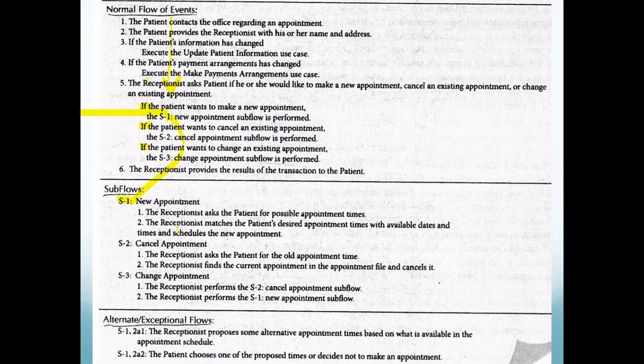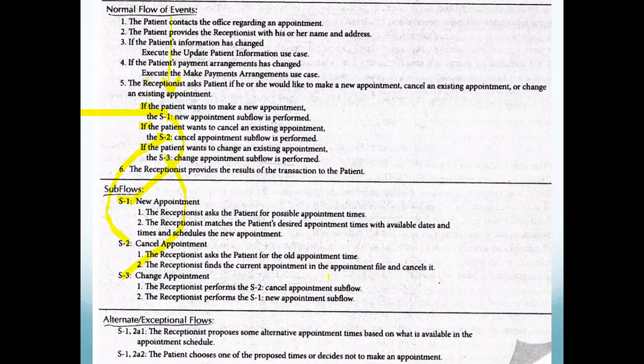Details of the S1 process are described here. S2 is described here. S3 is described here. It is totally up to you. If we include all this here, then this part is too big and hard to read. That's why they separate the S1, S2, S3 processes in the subflow section.